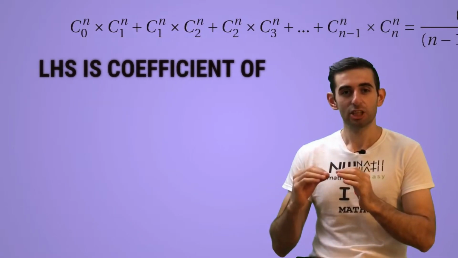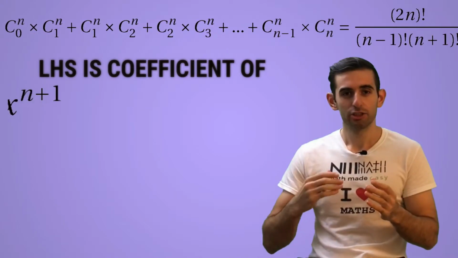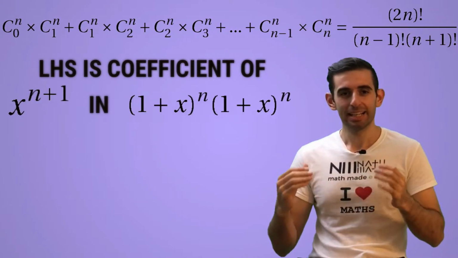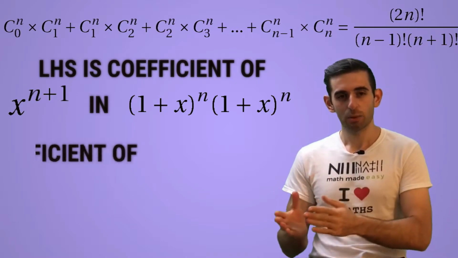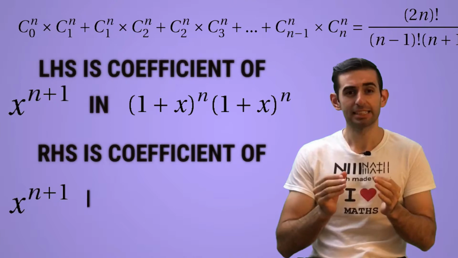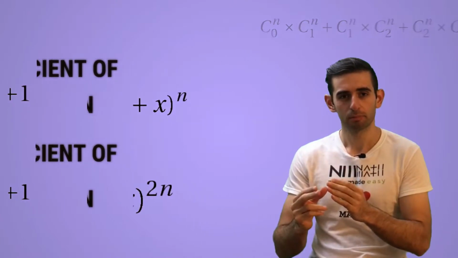So now if we go back to the original question, the left hand side of the identity has to be the coefficient of x to the power of n+1 in (1+x)^n times (1+x)^n, and the right hand side is obviously the coefficient of x to the power of n+1 on the right hand side.